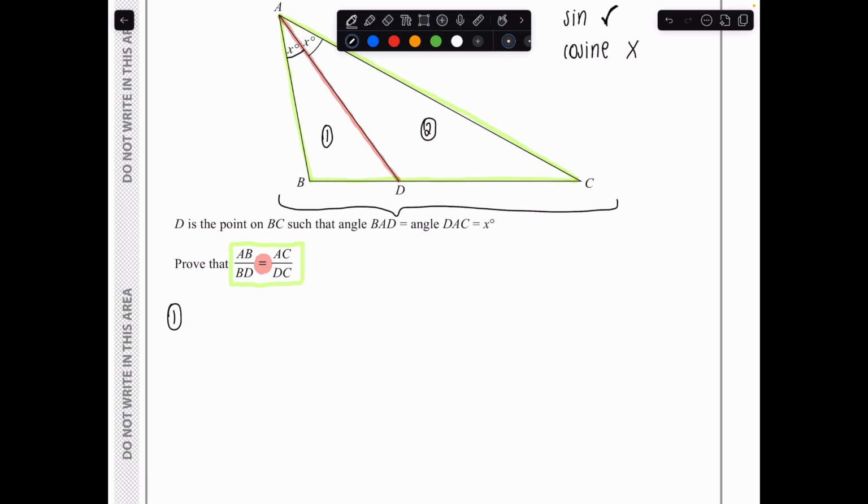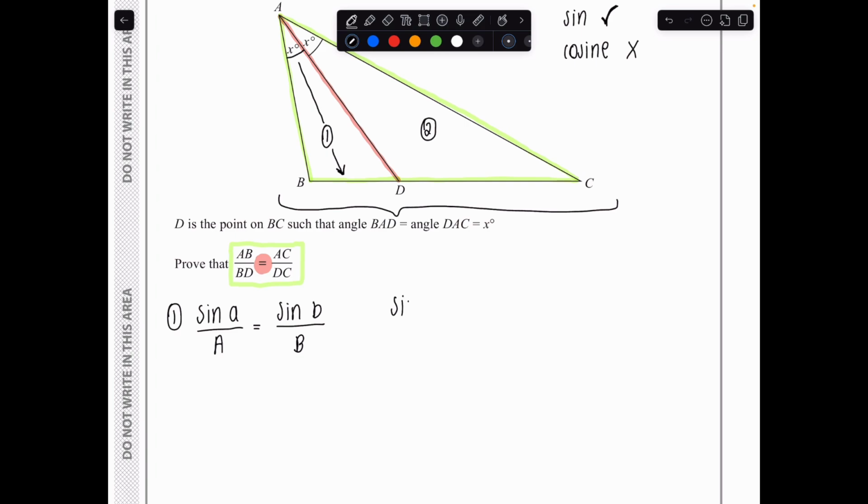So let's first recall the sine rule. The sine rule is sine of an angle A over the side A is equal to sine of the angle B over the side B. So here, the side opposite to the angle x for triangle number 1 is the side BD.